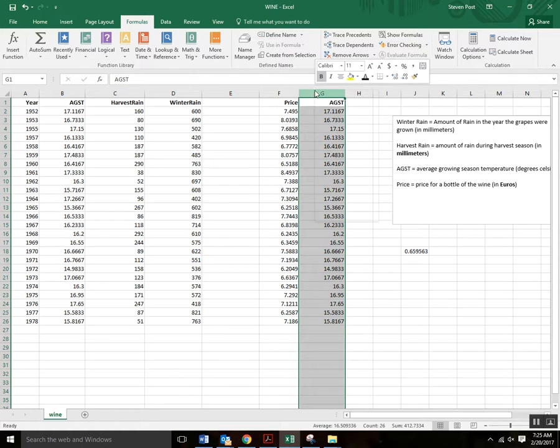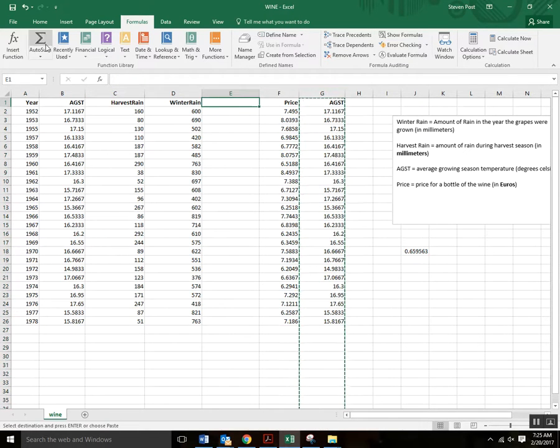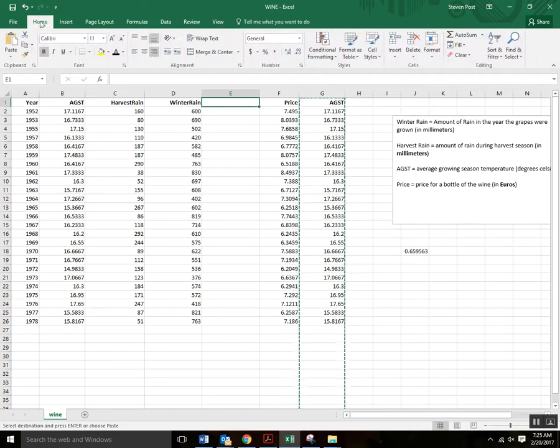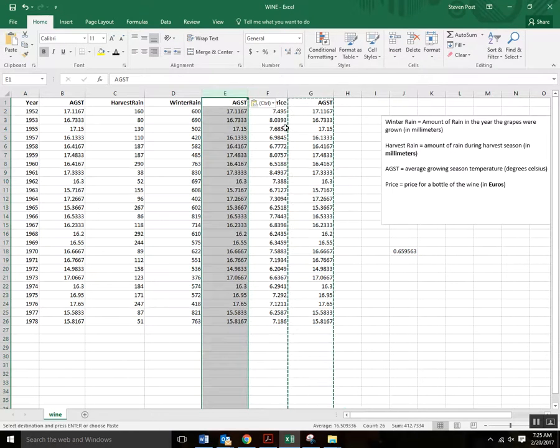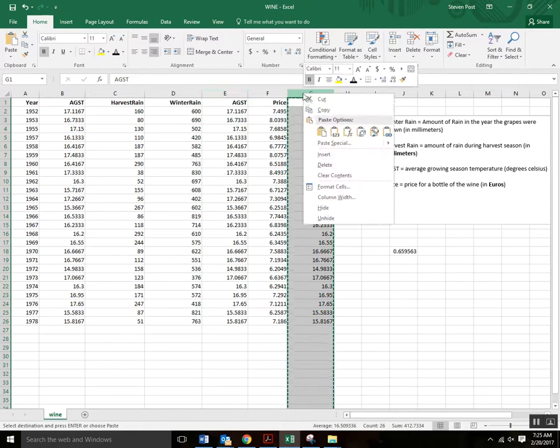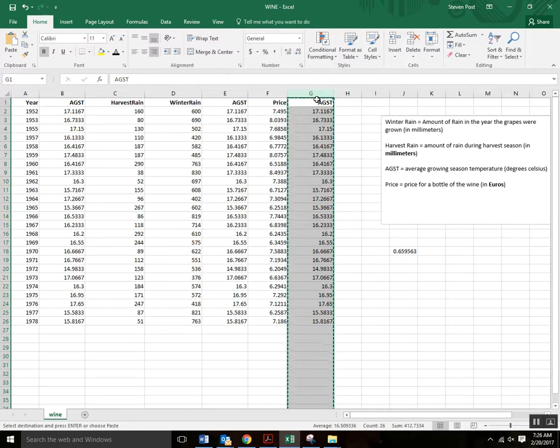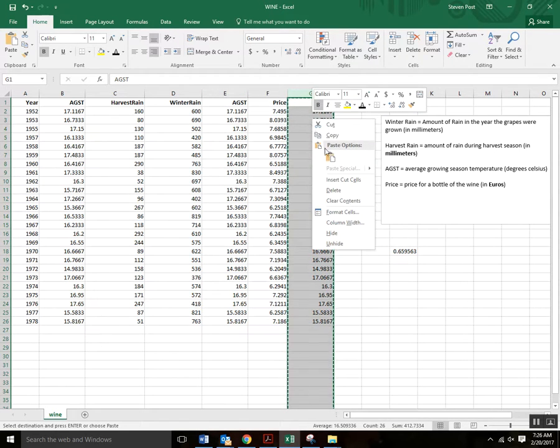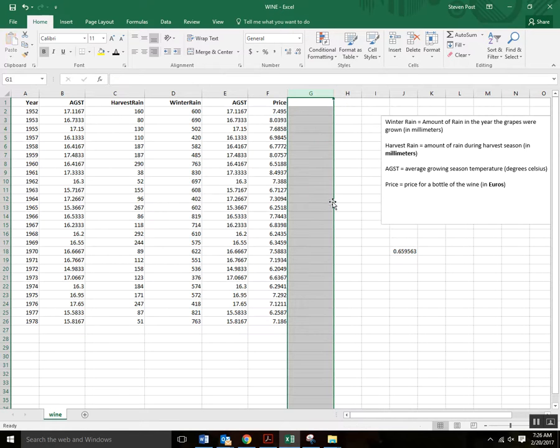So we need to take this AGST and have it right to the left of price. I'll just get rid of this one, it doesn't do anything for us. Okay, so now we've got it in the order we want. We're trying to predict the price, the y, based on the temperature, x.